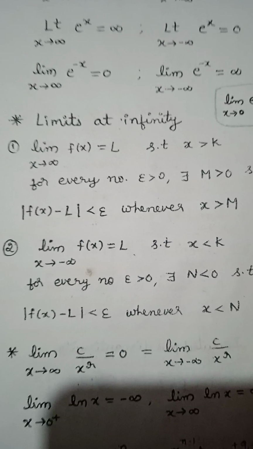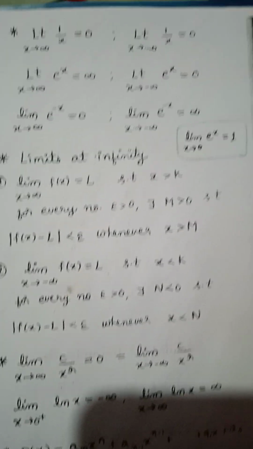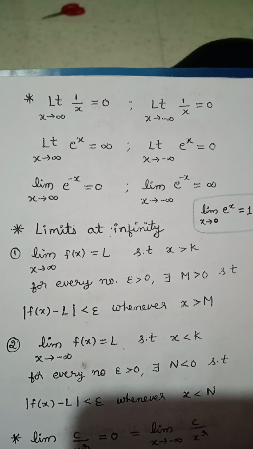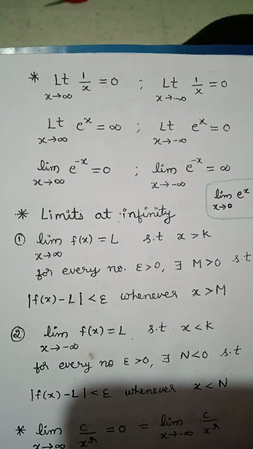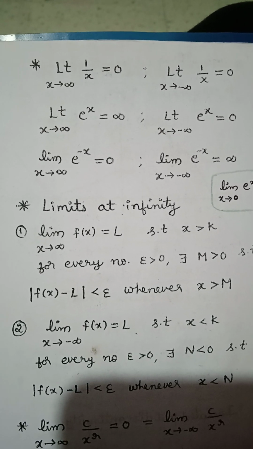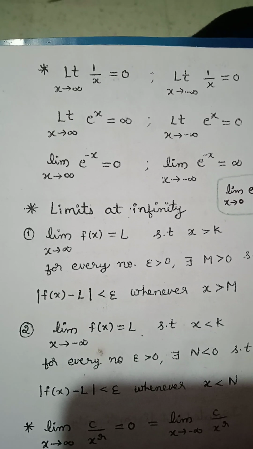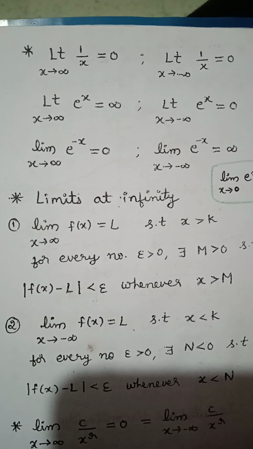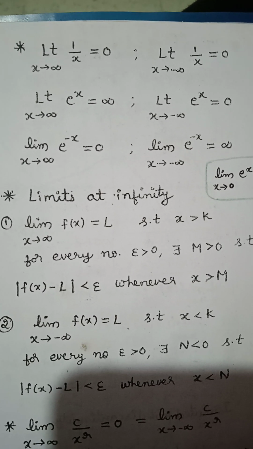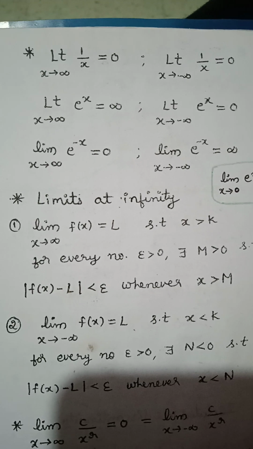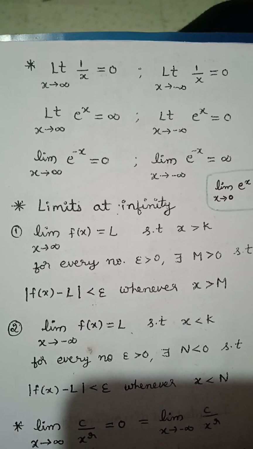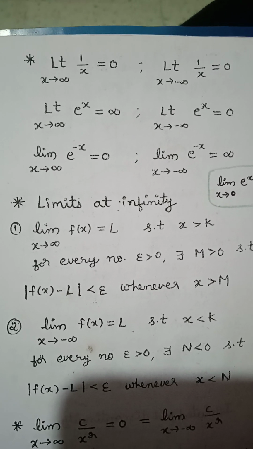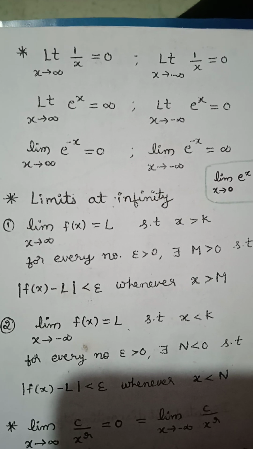Let's move on to limits at infinity. Limit x tends to infinity 1 by x equal to 0. Limit x tends to minus infinity 1 by x, that is also equal to 0. Limit x tends to infinity e power x equal to infinity. Limit x tends to minus infinity e power x equal to 0.